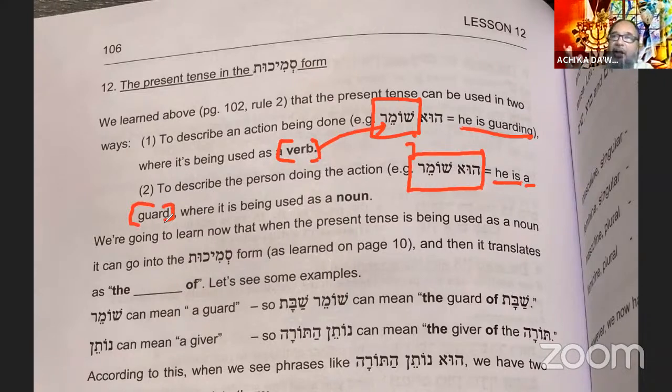So who's doing the guarding? Of course, a guard. So he is a guard, the person who's guarding. Simple. Don't make it confusing. Just keep it simple. Stick to the vav with the dot over it, meaning ing, that is present tense.